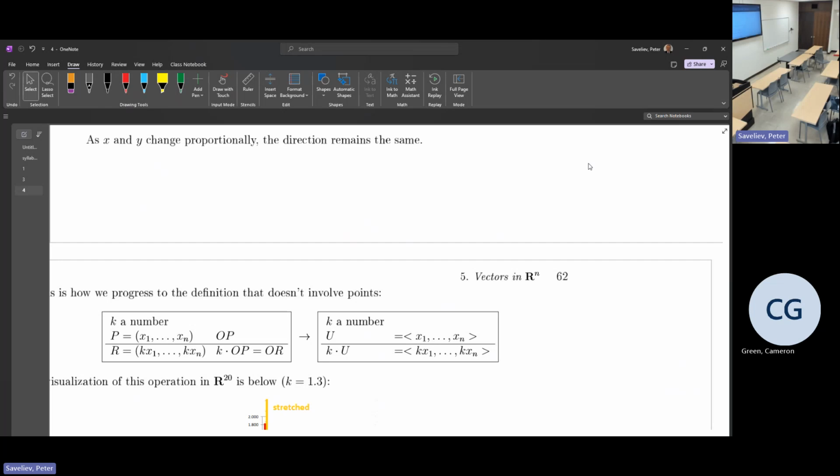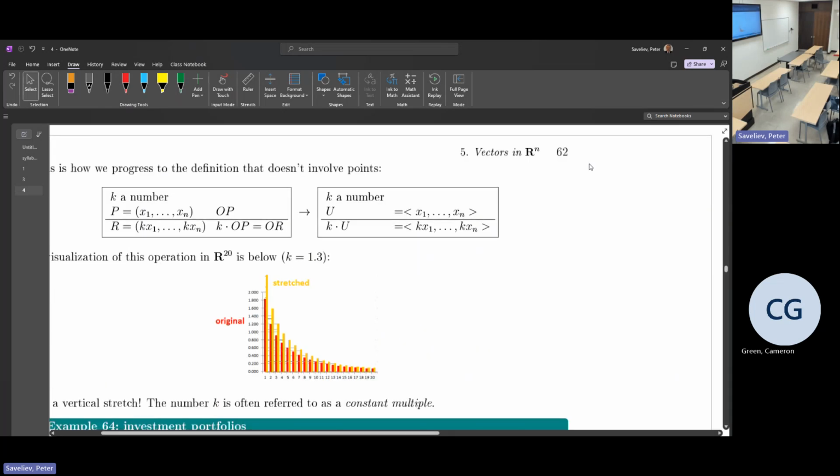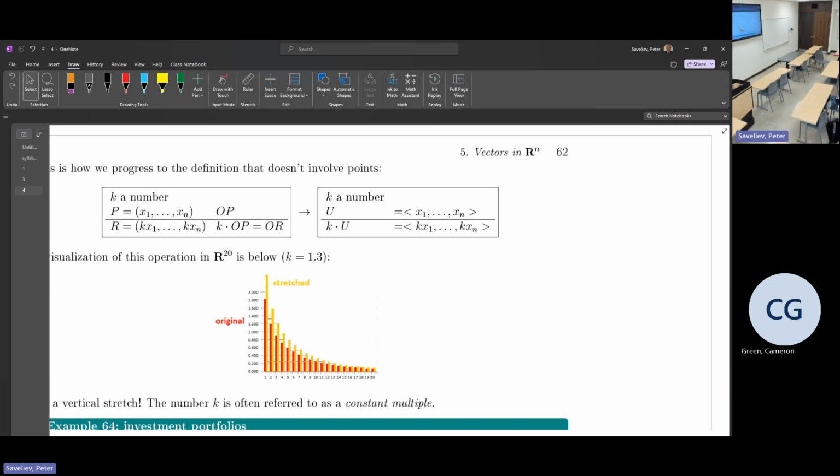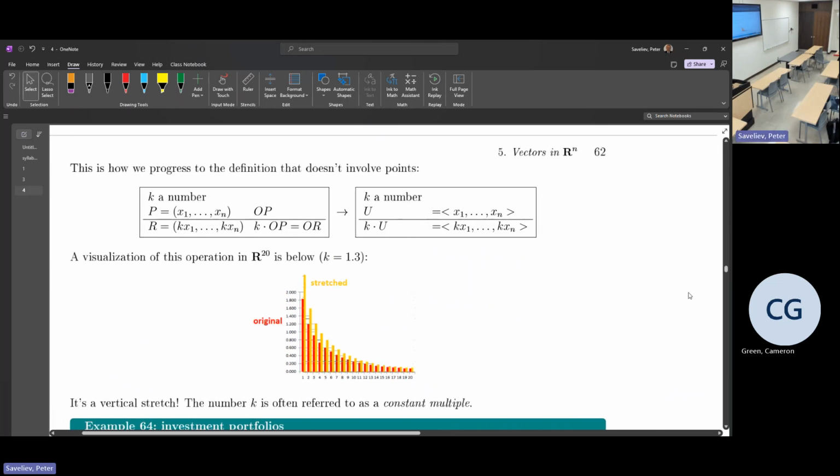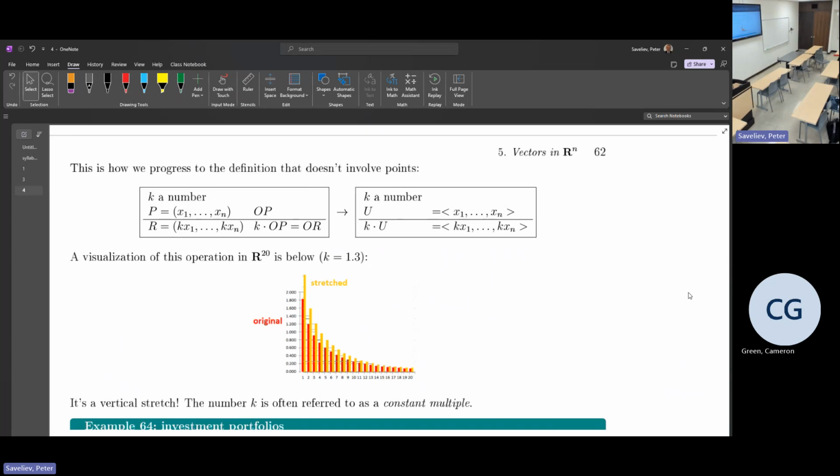Once again, component wise, every one is multiplied. If you were to go back to pre-calculus, it's multiplication of sequences. Every bar is stretched. That's all there is.